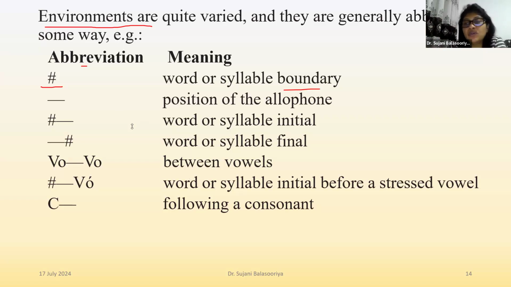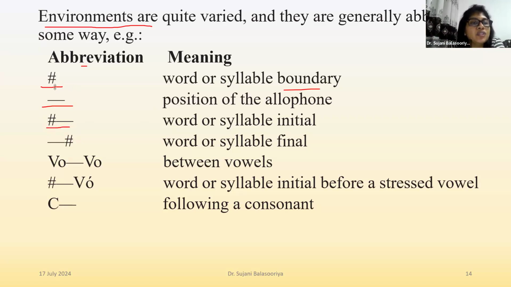Actually, I don't want to call it hash because this is phonology, so these symbols may be identified in different ways. And this is another symbol. You can find it like a straight line, which marks the position of the allophone. Together with the boundary symbol, it indicates word or syllable initial.